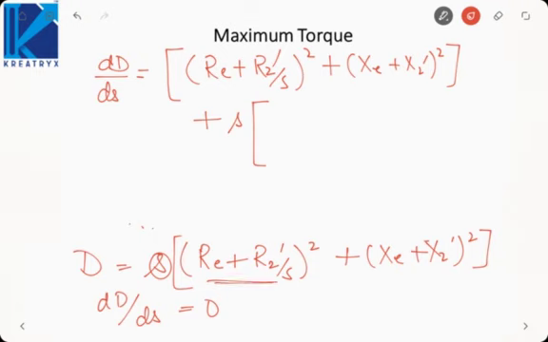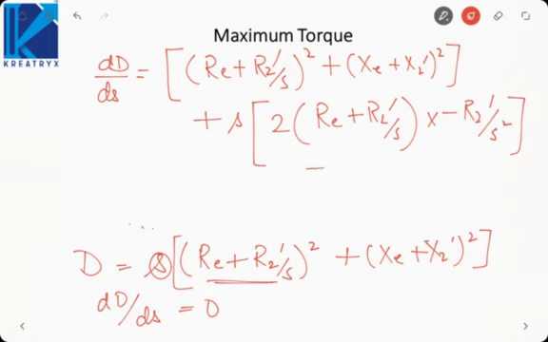The second term will be differentiated as 2 times (Re plus R2 dash by S) into minus R2 dash by S square. Differentiation of the second term will be 0.